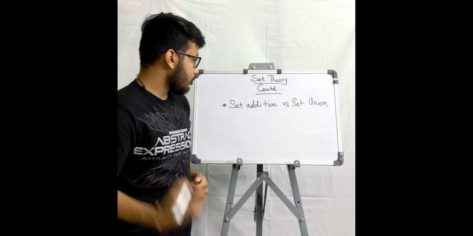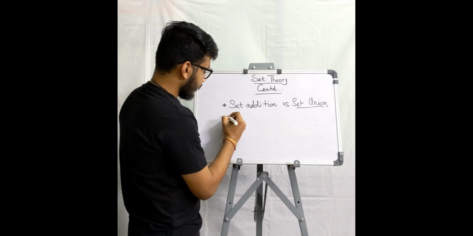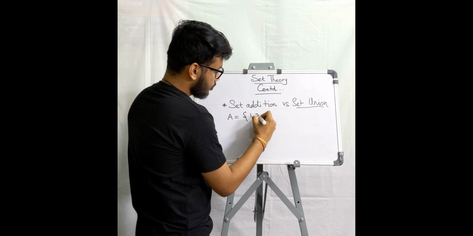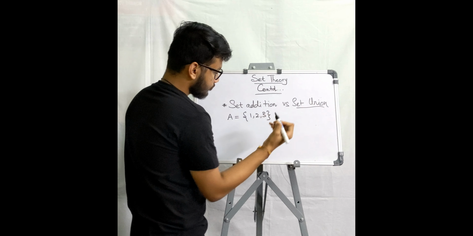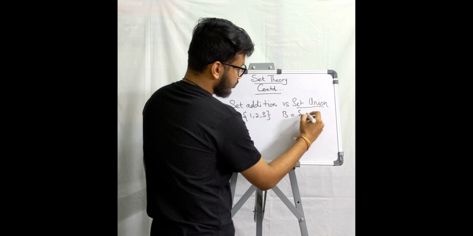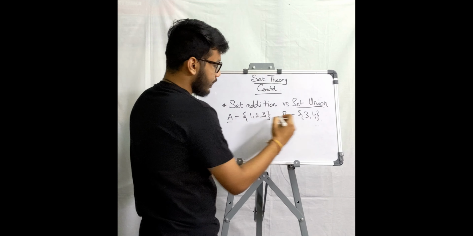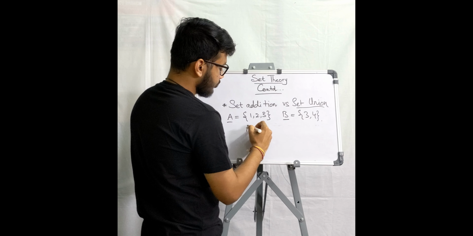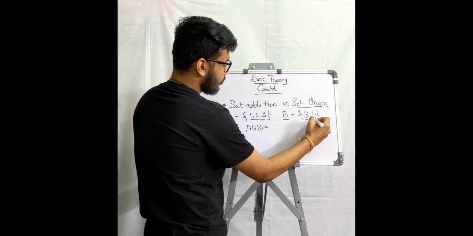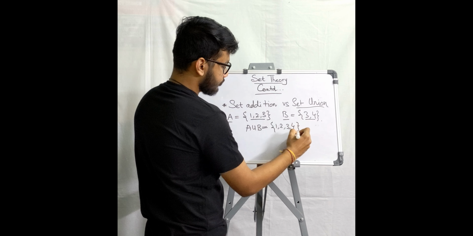In my last video, I had discussed what is set union. If I take two sets, say one is A, which is 1, 2 and 3, and the second set is B, which is nothing but 3 and 4, and I want to unite these two sets, then A union B is going to give me 1, 2, 3 and 4.